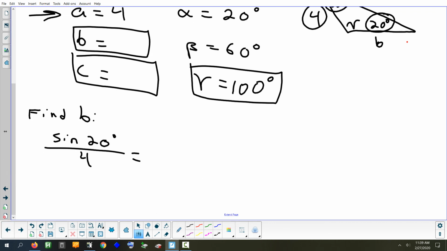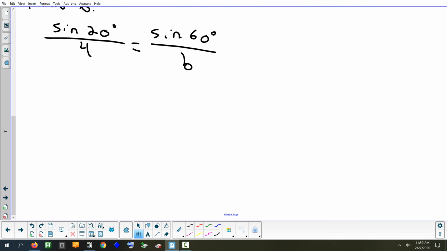We don't know B. If you've set up your proportion correctly, three out of four of the parts in your fractions will be numbers, and one of them will be a letter. I think I might have mentioned it earlier, but when you have a proportion, how do you always solve something like that? Yeah, you cross multiply. So we're going to do 4 sine 60 equals B sine 20.